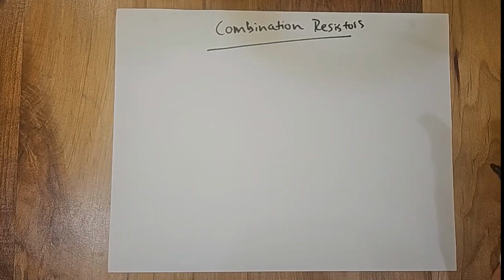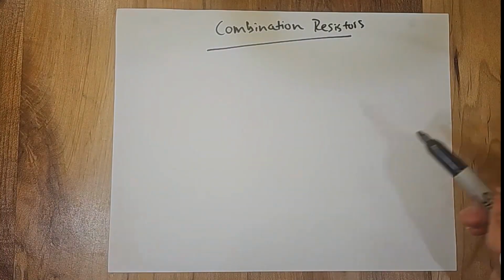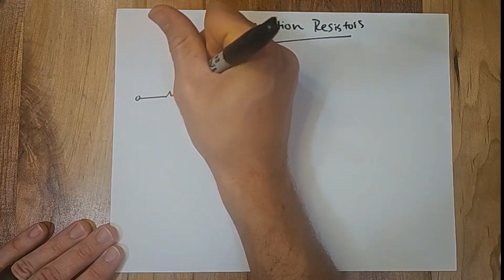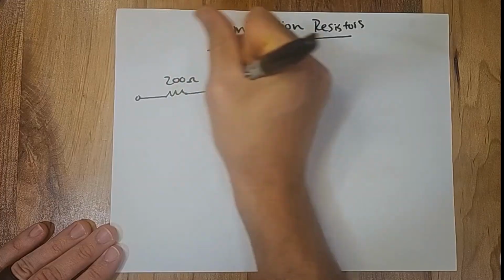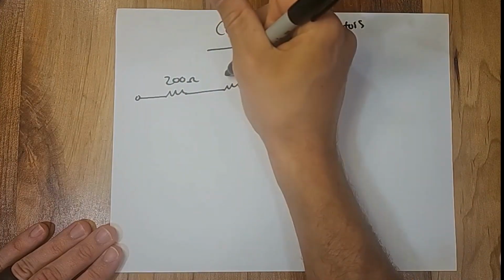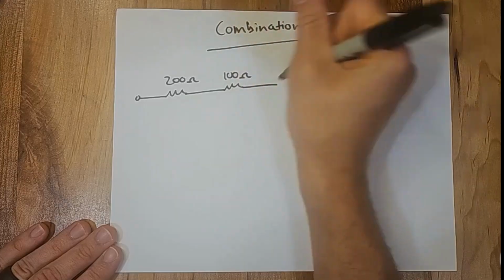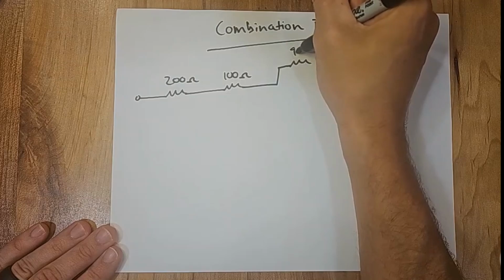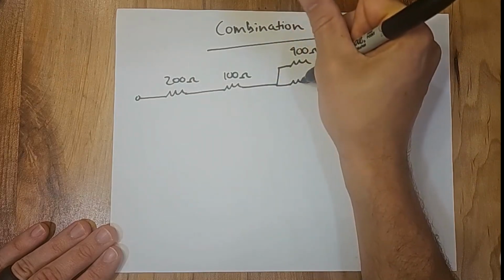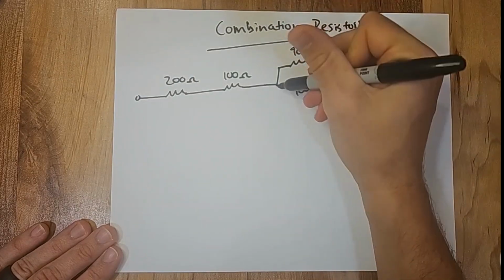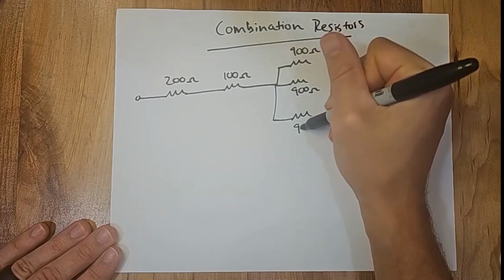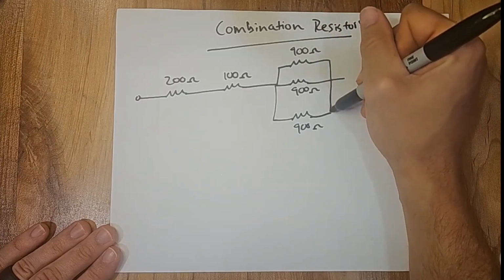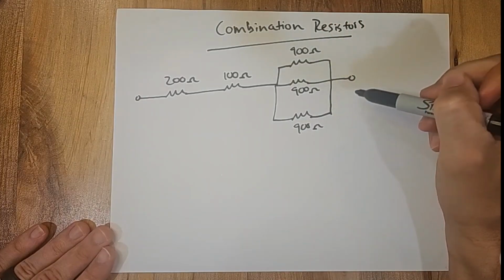So now let's do something a little bit more complicated with combination resistors. This is where we have series and parallel together. So let's take something like, start there. Let's have, I don't know, I'm just going to say 200 ohms, 100 ohms, and then let's do 900 ohms, 900 ohms, and 900 ohms in parallel.